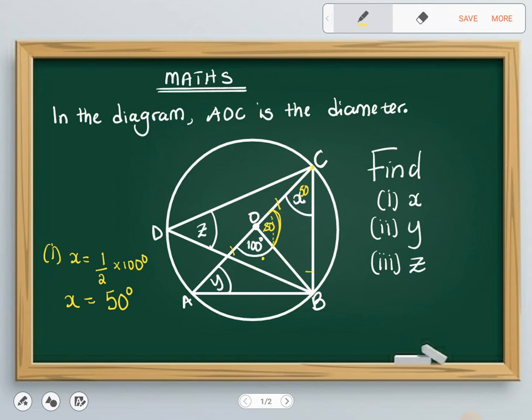So the angle formed by those two lines is 90. Now already we had 50 here. That means the remaining angle, this one, is 40. And since OB and OA are meeting at the center and are all coming from the circumference, they are equal. That means even this one is 40. That's another way, if you recognize that.